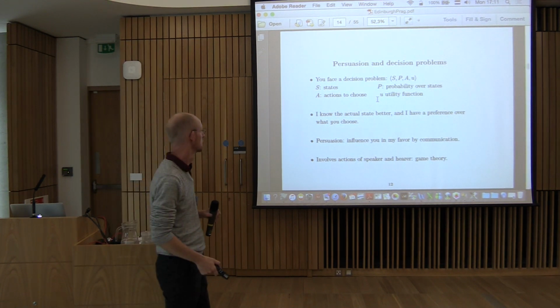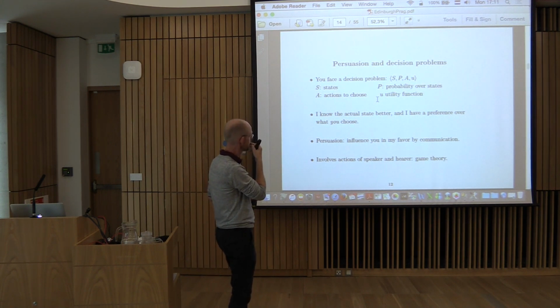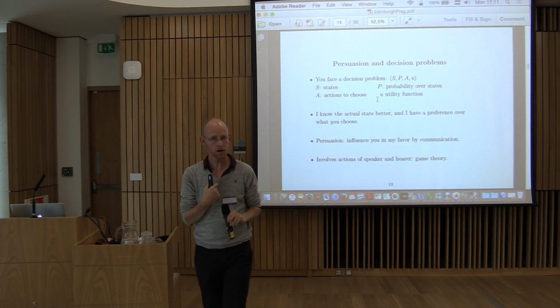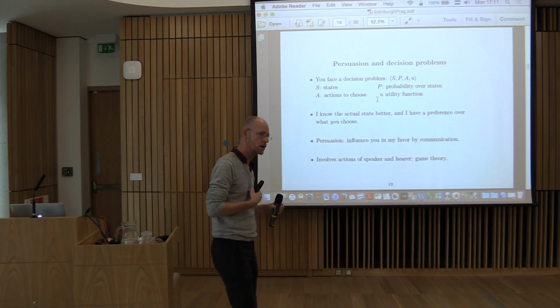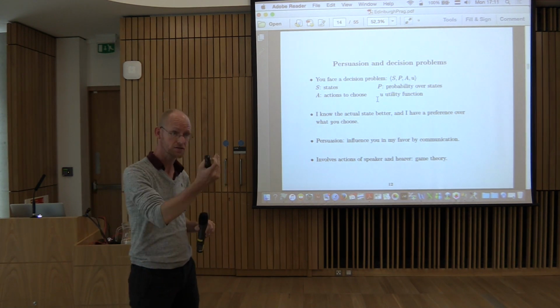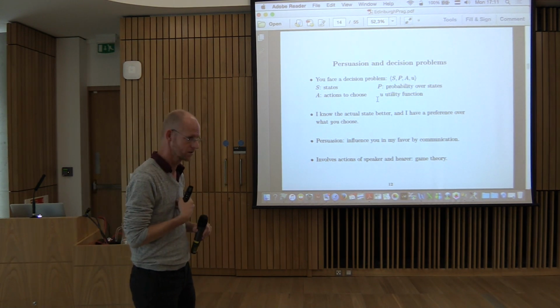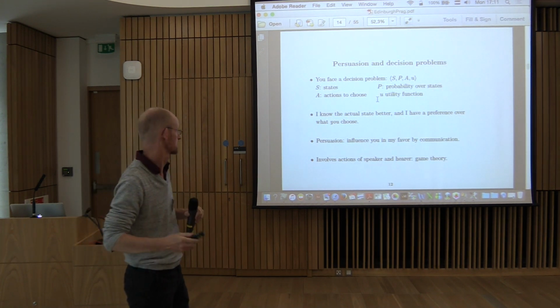So this is your decision problem. Now suppose that you don't know what situation you're in, so you don't know the best action, but I know better than you in which situation you are. And if I know what situation you are in, I can actually help you, by sending a signal, of course.